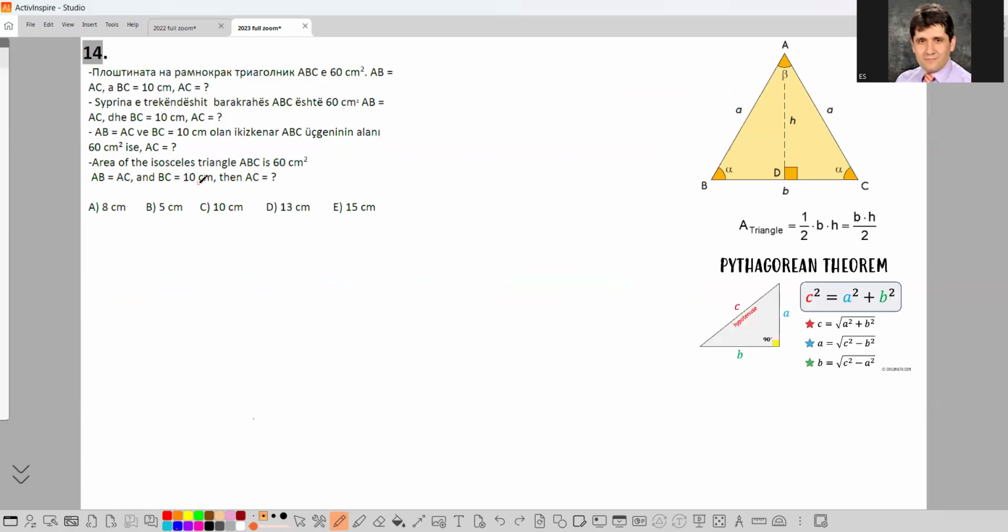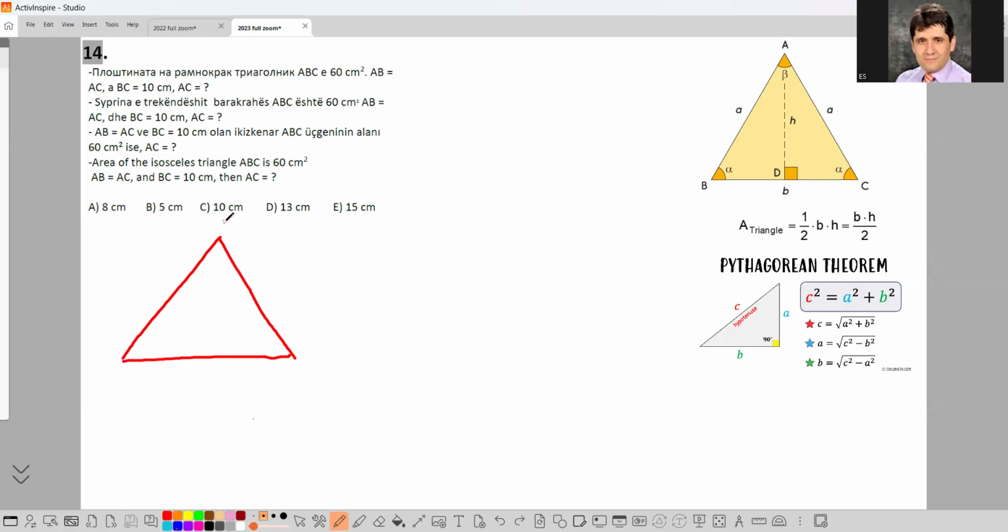Find the area of the isosceles triangle. The area of the isosceles triangle is 60 centimeters squared. AB is equal to AC and BC is 10, then find AC. Right, we have a similar triangle like here, but we can also construct it. Of course, on the exam you're not going to have it.